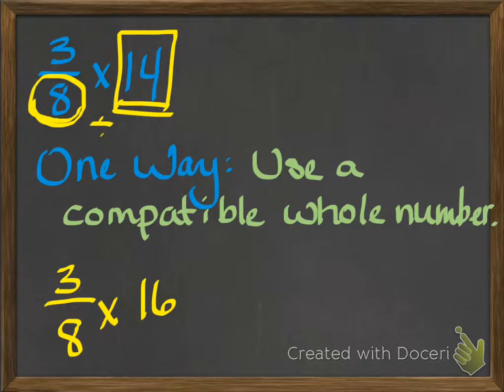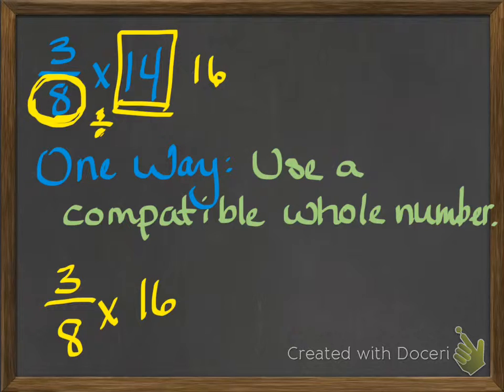Because at the very end, when I simplify, I'm going to be dividing by 8, or looking for things that will simplify easily. Dividing by 8 would be the easiest way. So 16 is a good whole number because it's easily divisible by 8.